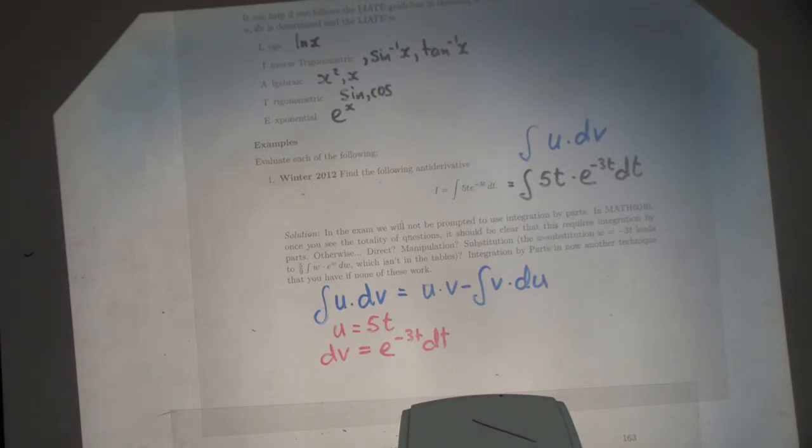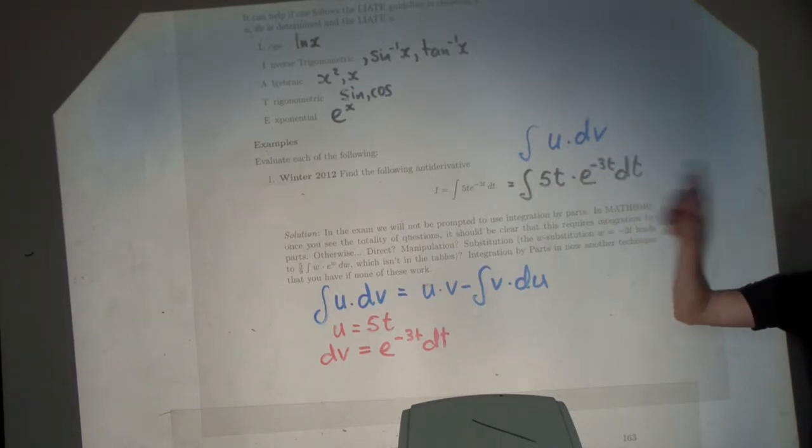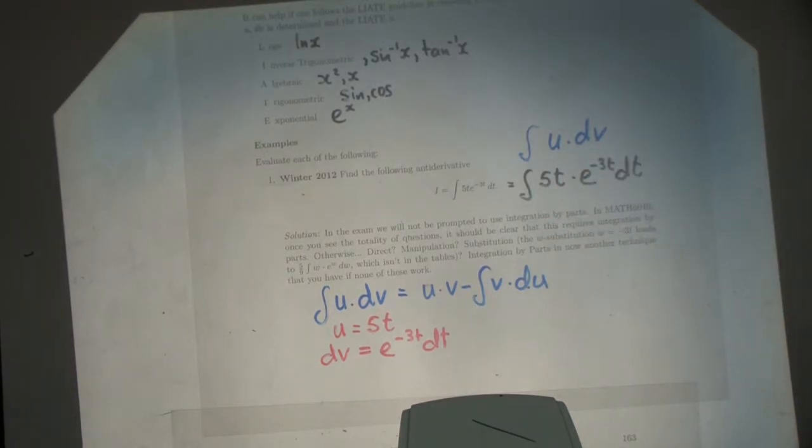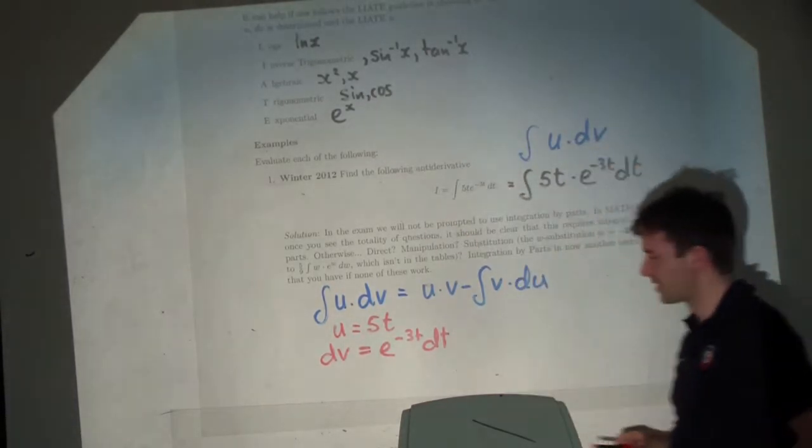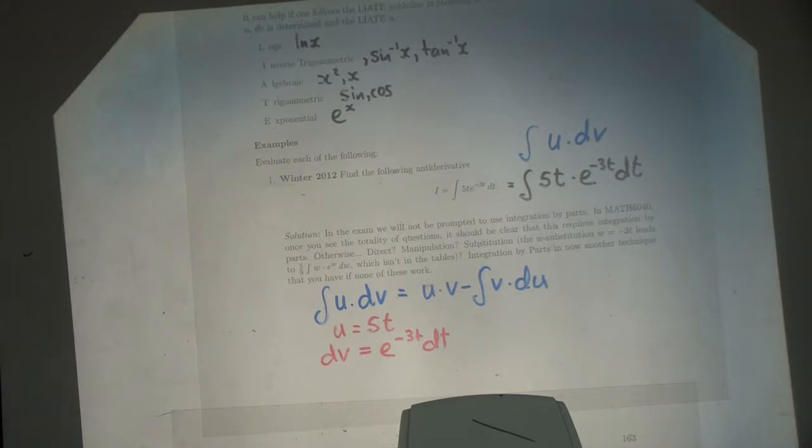By the ate, we have no log, no inverse trig, algebraic, yes, 5t. Minus 3t doesn't do the job because it's not multiplying. 5t is algebraic, because it's like x. Right? Okay. So what we have to do is use this formula.